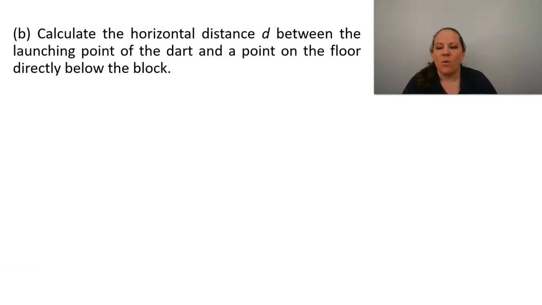So we need to get time from the vertical information. We can look at how the vertical component of the velocity changes. Vy equals v naught y, I should be more specific here, plus ay times t.